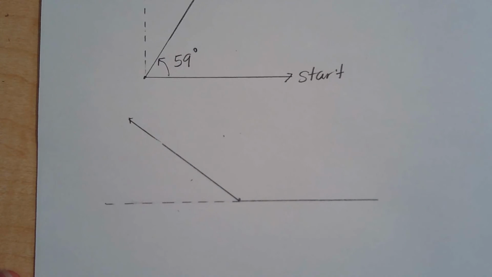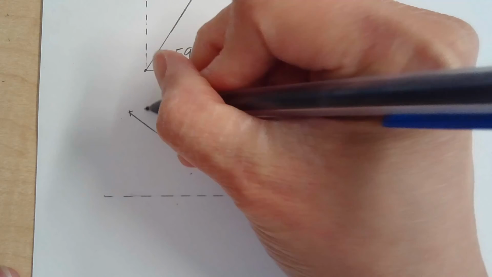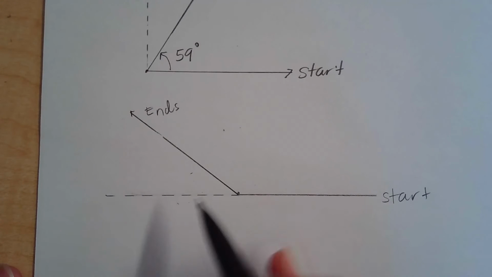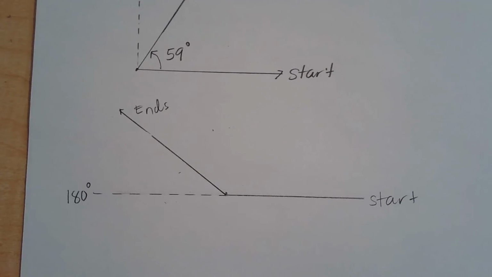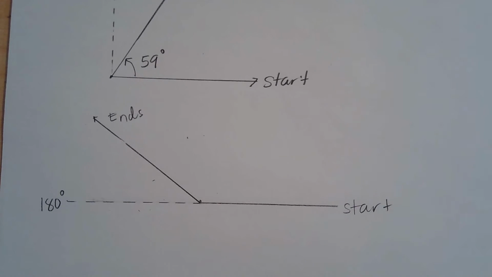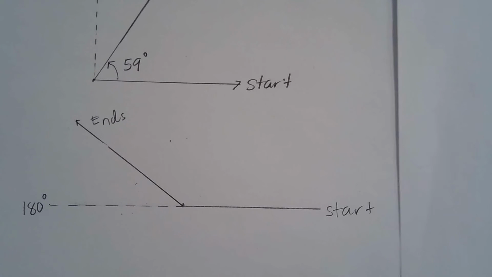So this is the start. This is where it ends. And then if you swing all the way here, we know it's 180 degrees. Okay, and the guess begins. What's your guess?